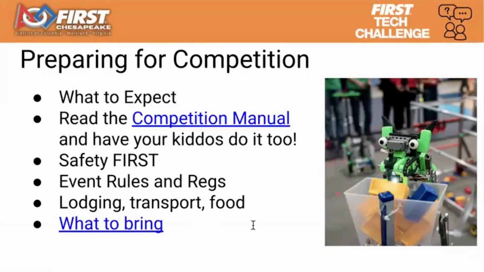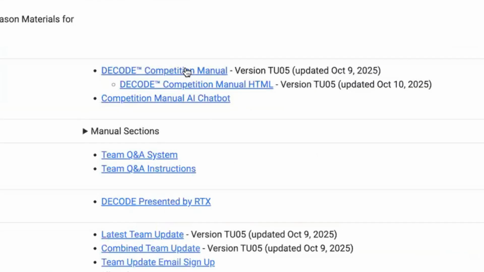If you have not already read the competition manual, you want to make sure that you do that. So I provided the link here. You want to make sure that you read the manual, and also check the Q&A part where they do all of the updates. If you noticed, the last time this was updated was October 9th.